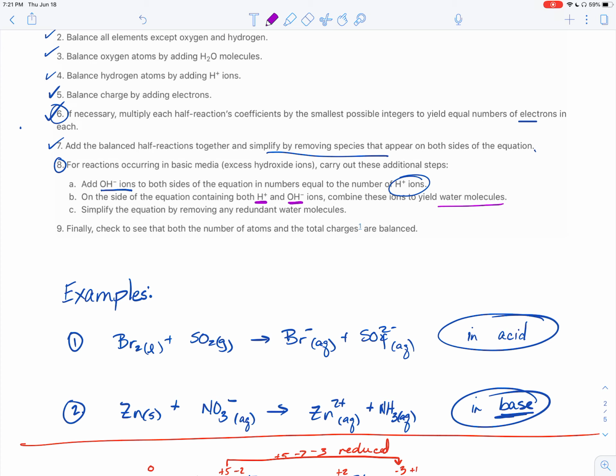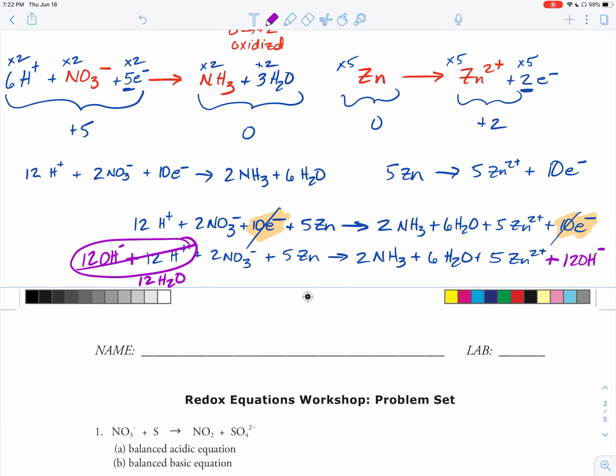And the last part is simplify the equation by removing any redundant water molecules. This means if you look at this reaction, now you have 12 waters on the left, and see before you had 6 waters on the right. That's redundant. Okay, so you remember we're trying to simplify to the smallest number of each type of element or compound or substance on both sides.